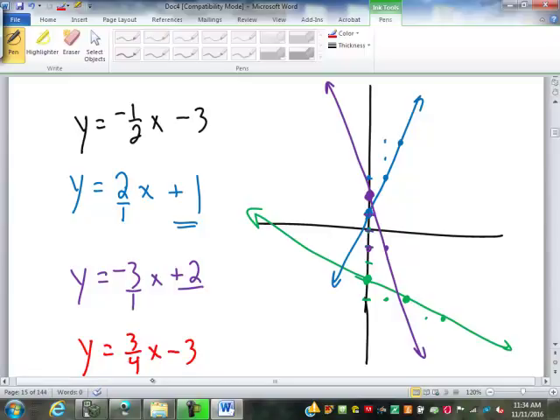So how about this one? In your notes quick, sketch that out, and we'll go over it in just a second. So where do I start on that one?